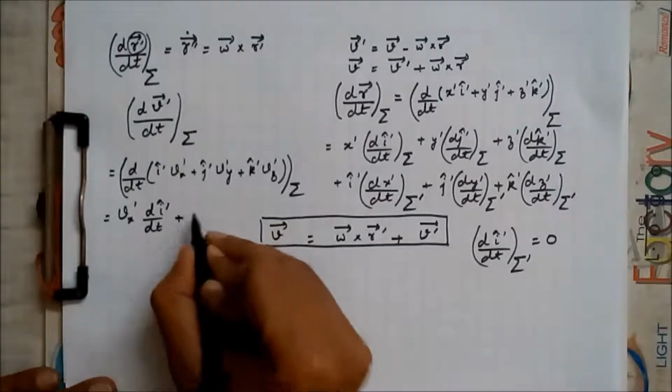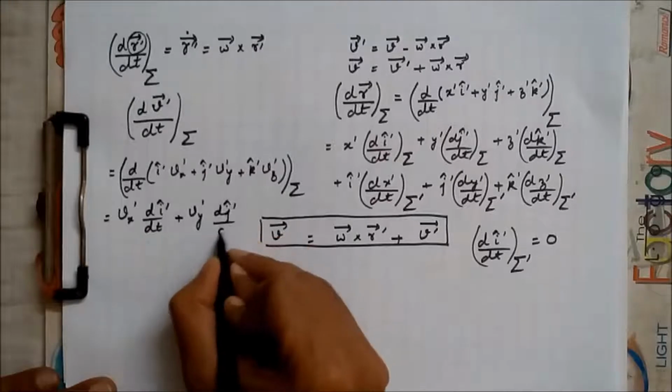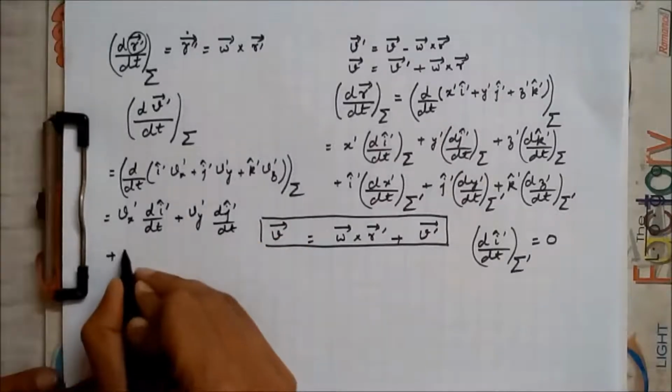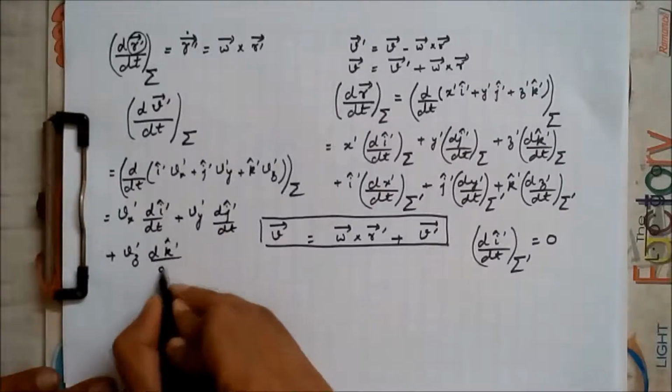So getting back here, vy primed d j cap primed over dt plus vz primed d k cap primed over dt.